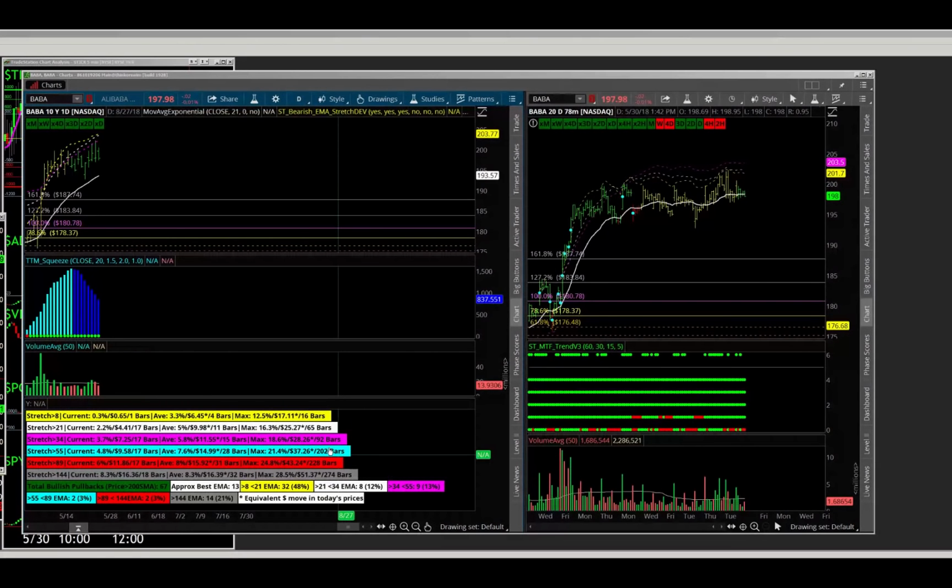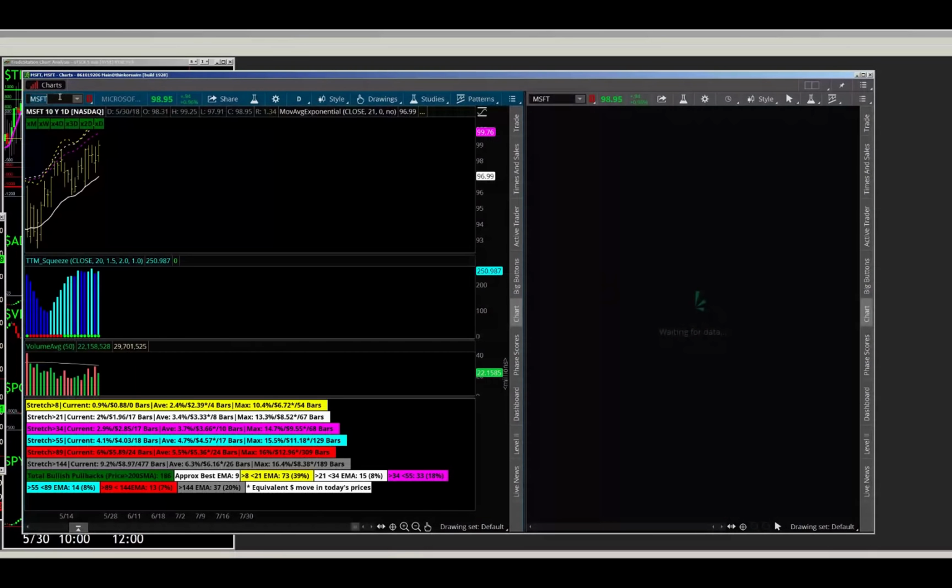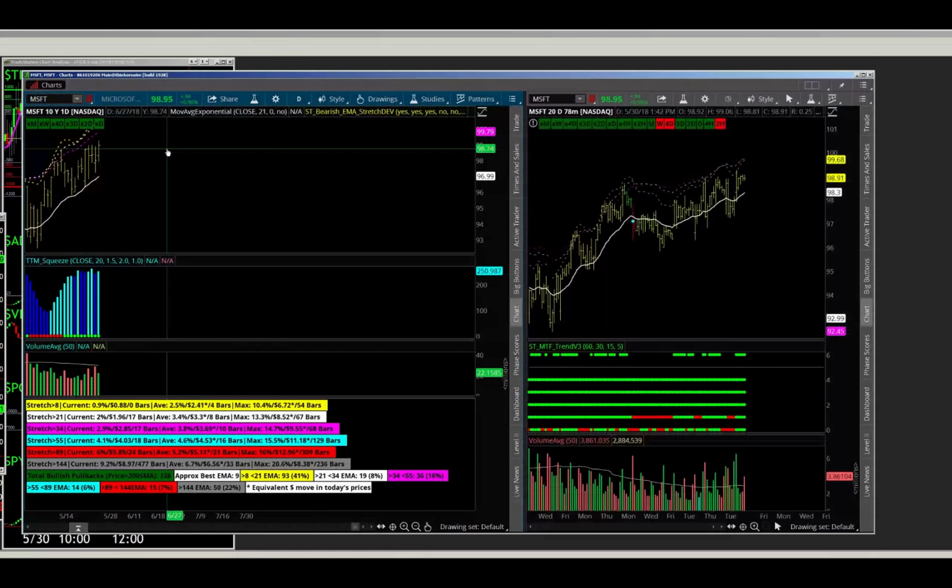For Microsoft, those upper zones still have a lot of room there. We got that squeeze. One of the interesting things on Microsoft is that the best moving average to buy on that one has been the 9 for a while. And when it goes back above the 8, on average, it'll move $2.41 over the next 4 bars.